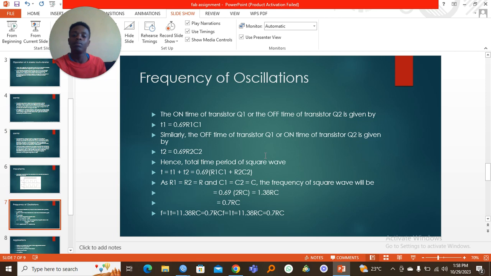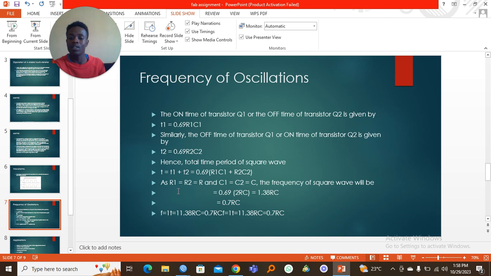So the total time taken to complete one square wave is T equals T1 plus T2, which is 0.69 multiplied by R1 C1 plus R2 C2.